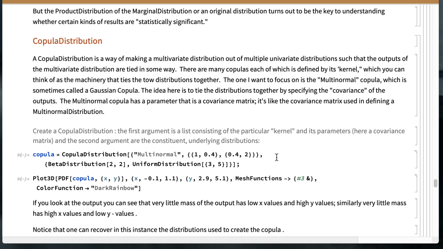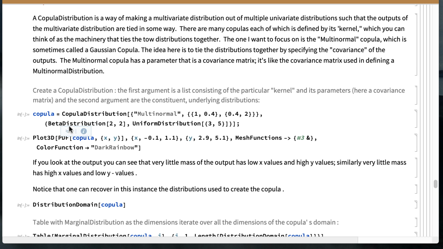So to create a copula, what you do is you set forth the underlying distributions. This is the distribution of the x value, perhaps. This is the distribution of the y value, perhaps. And you say, I want to tie them together in this way. This is called the kernel of the copula.